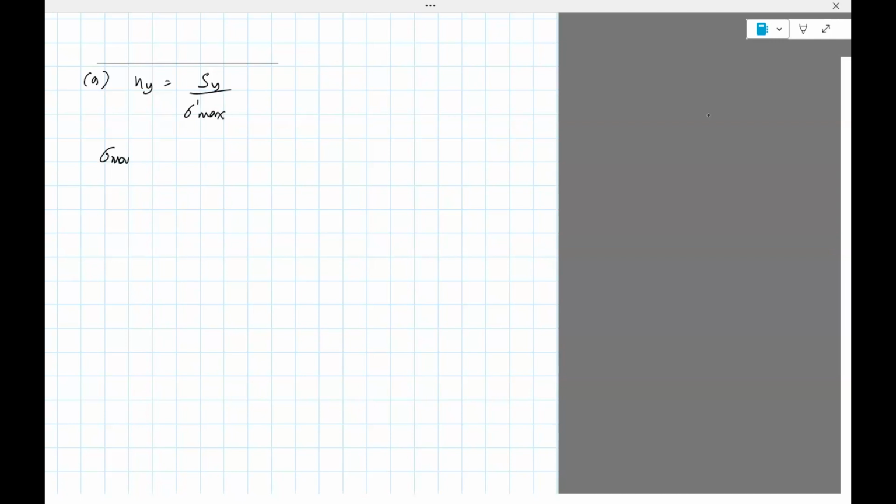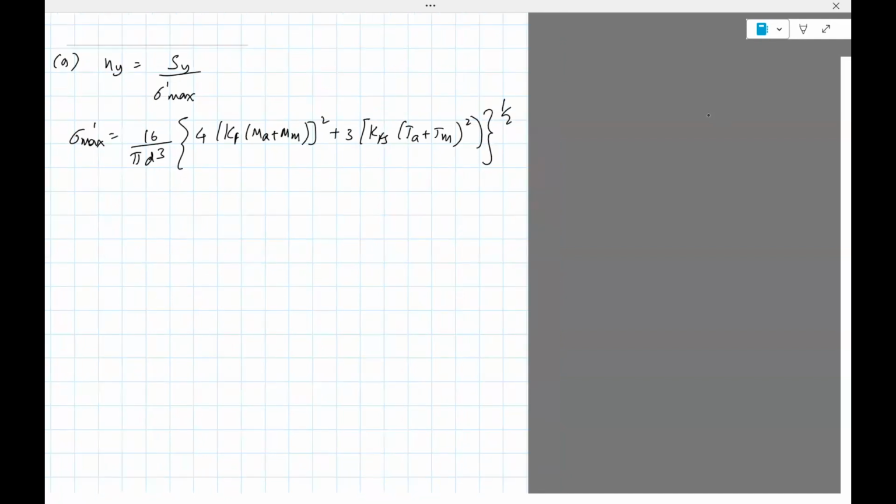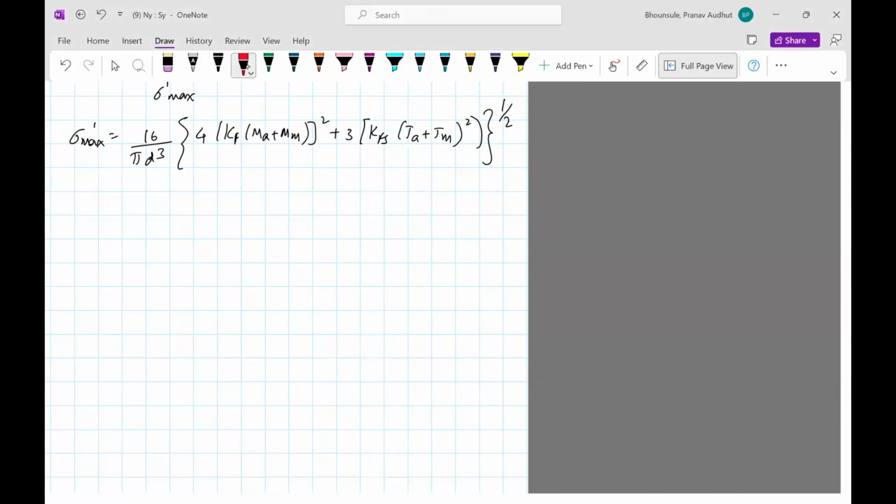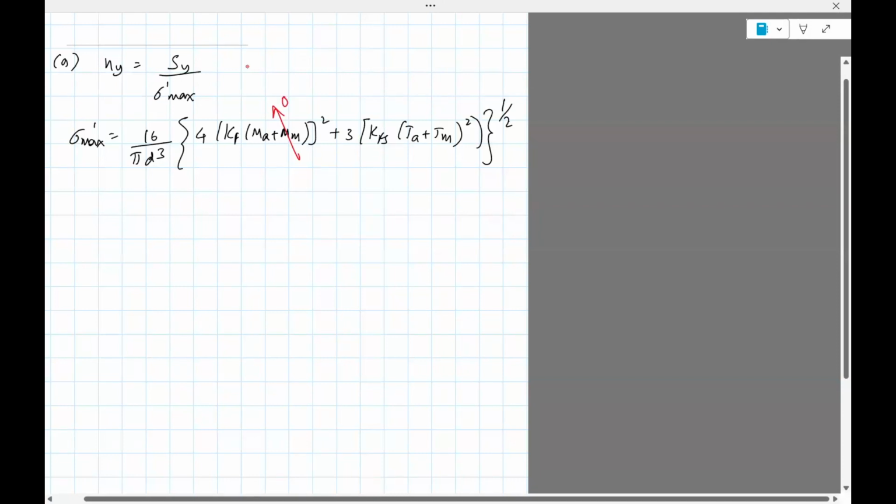Sigma max is 16 divided by pi d cubed, times the square root of 4 times Kf Ma plus Mm all squared, plus 3 times Kfs Ta plus Tm all squared. A couple of things here are 0: Mm is 0 and Ta is 0.